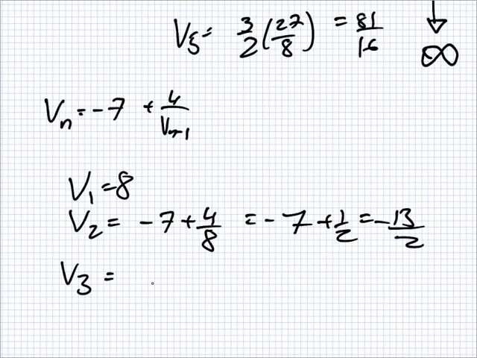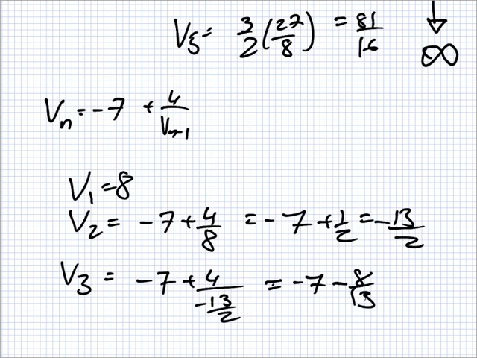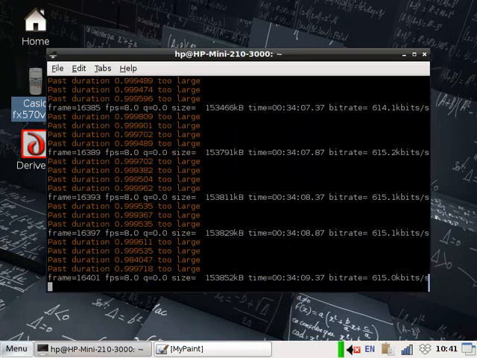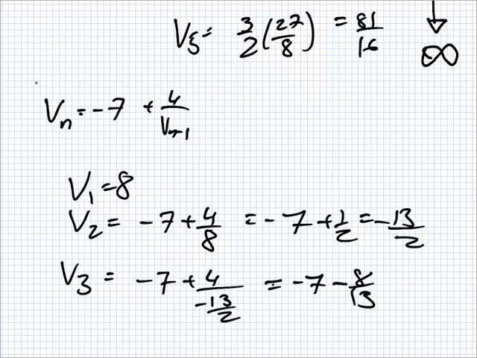V3 will be minus 7 plus 4 over minus 13 over 2, which is minus 7 minus 8 over 13. Whatever it is, I don't know. This one here, I think I'm needing my calculator now. It's getting a little bit tricky. I can't tell after 3. I'll need to go to 6 and I'll need my calculator.